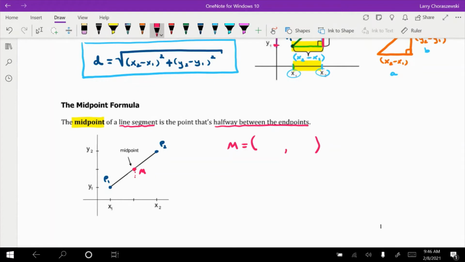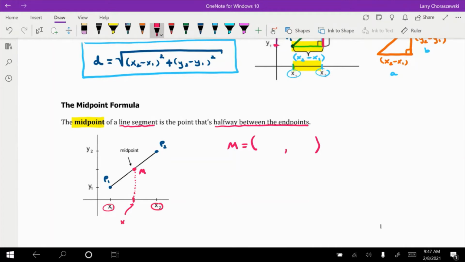Now I'm going to drop a little dashed line segment down to the x-axis, and that little tick mark right there would represent the x-coordinate of the midpoint. And the way that we find that tick mark is by averaging the x values of the endpoints.